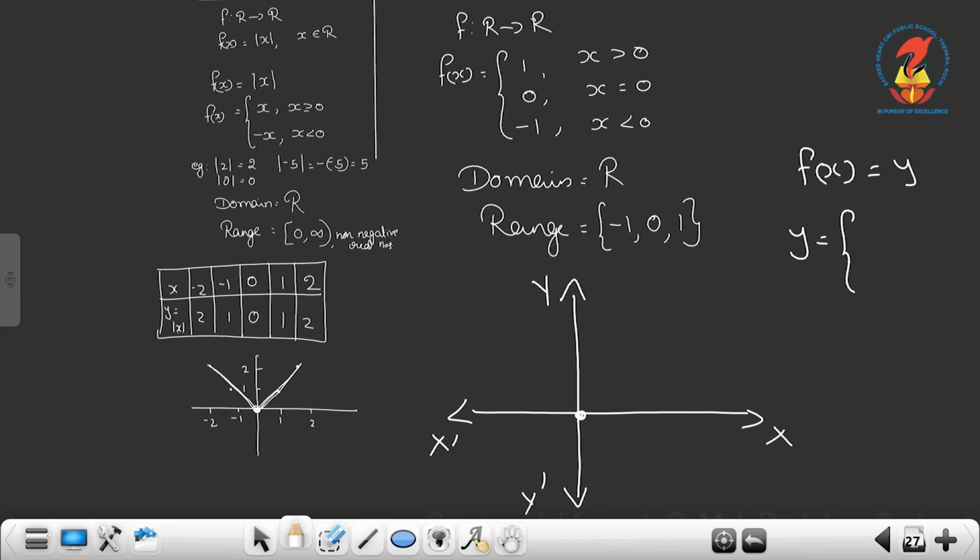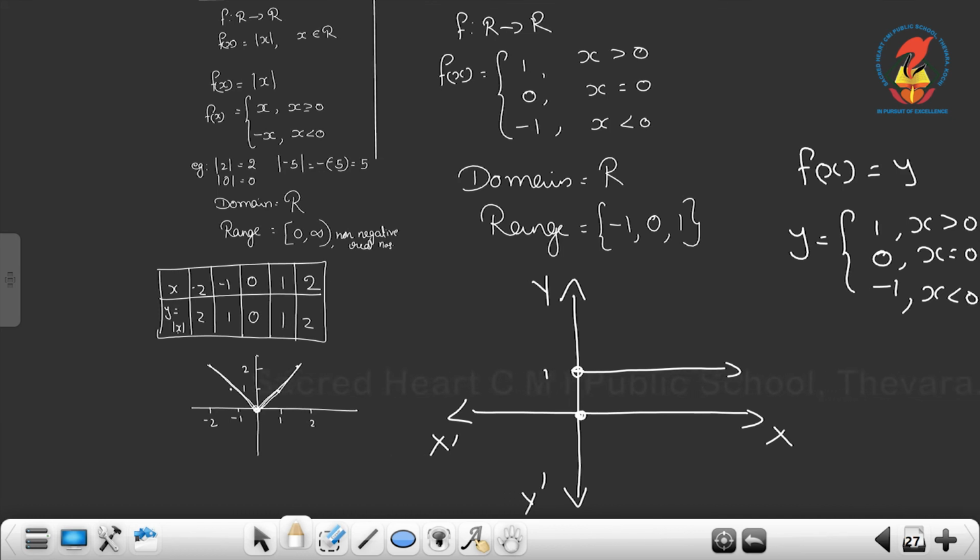So y is equal to 1 if x is greater than 0, and when x is equal to 0, 0. Okay, so when x is greater than 0, y is 1. Let this be 1. So here. But this point is not included. This point means x is equal to 0. At x equal to 0, y is not 1. More than 0, only 1. So this point is not included. So you have to draw one white circle. That means a white circle indicates that it is not included.